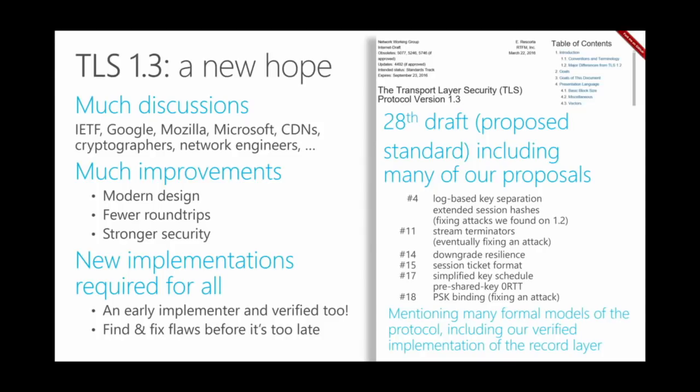I think we have 6 proposals that have been incorporated in the proposed standard that arose as a result of our verification work. The IETF, at least the TLS committee, has been quite receptive to this kind of formal work. The standard, for instance, cites both ours as well as several other formal models of TLS as a validation of the design of the protocol.